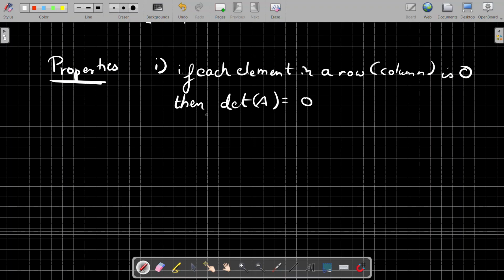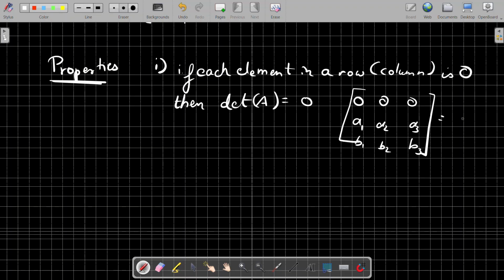So what does it mean? So let's say our 3 by 3 matrix is 0, 0, 0, A1, A2, A3, B1, B2, B3. If you take the determinant of it, you will get 0 into 0 into 0, 0 into 0, 0 into 0.